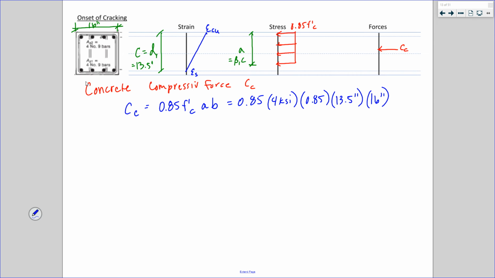So C sub C, 0.85 F prime C A B. That should give you 0.85 times 4 times 0.85 times 13.5 times 16, 624.24 kips. 624 really, but we'll just keep it there.